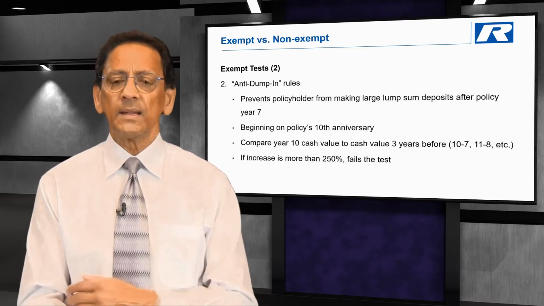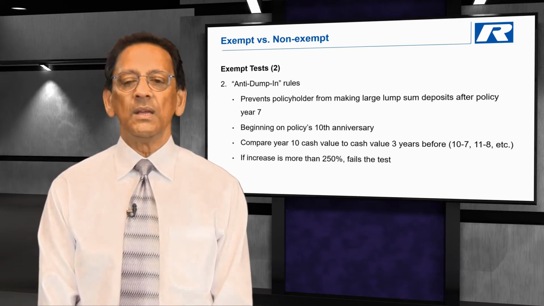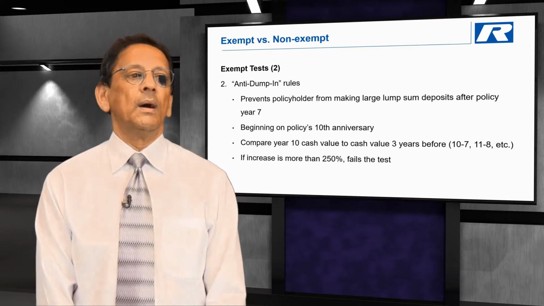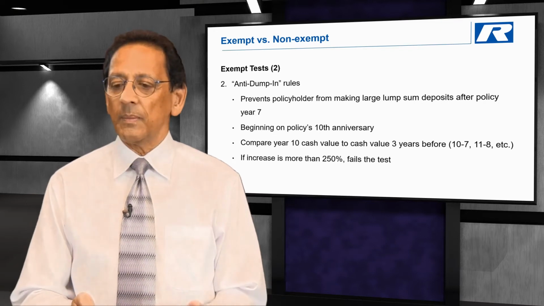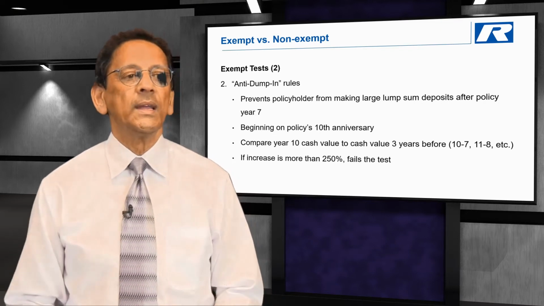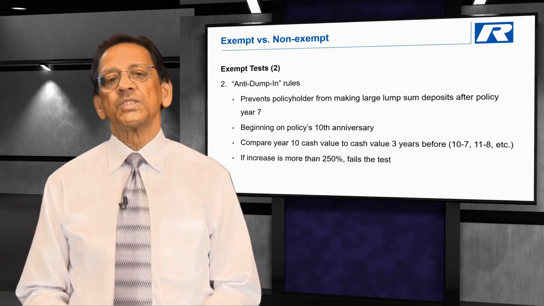Now, the second test, which is called the anti-dump-in rule, stops policyholders from making large lump sum deposits into a plan after policy year 7.